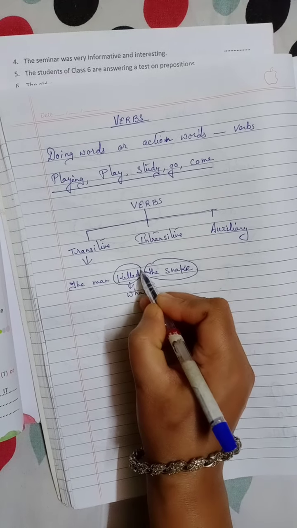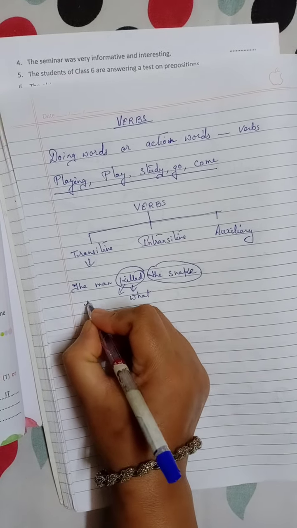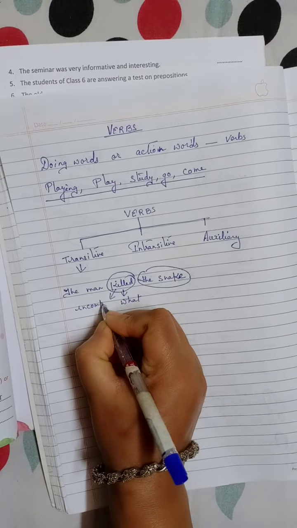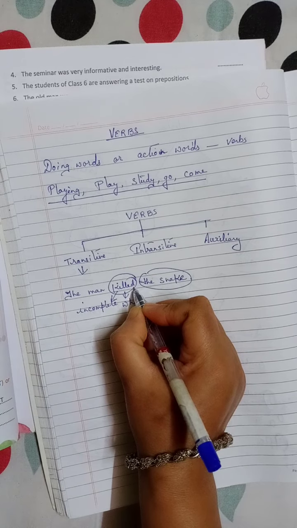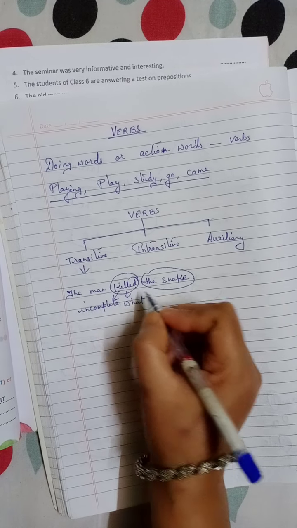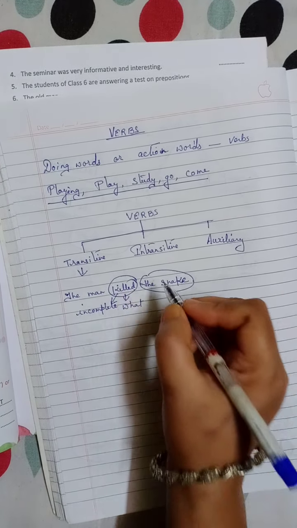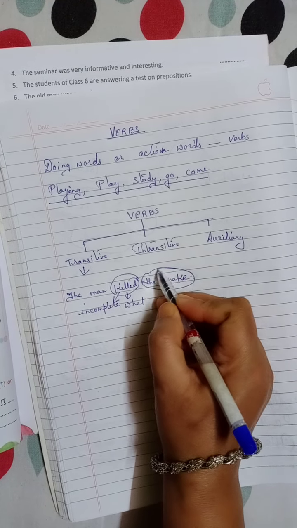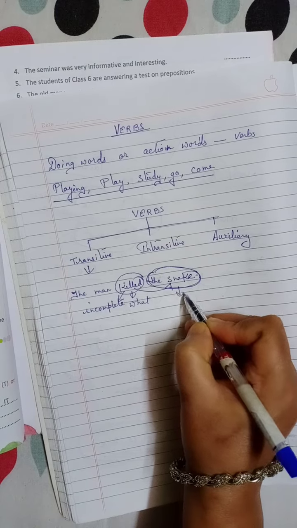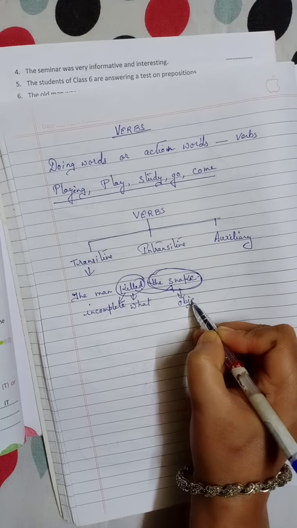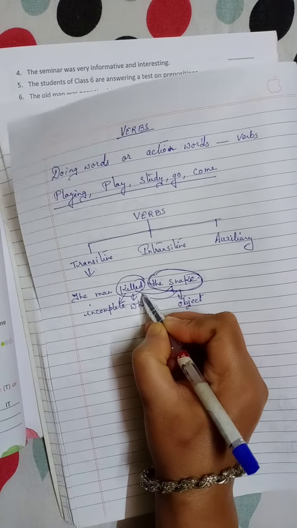That means this verb is actually incomplete or is not giving a complete sense. It needs an object to complete its sense, or it is passing on its action to another object. So I am adding this word, the snake.